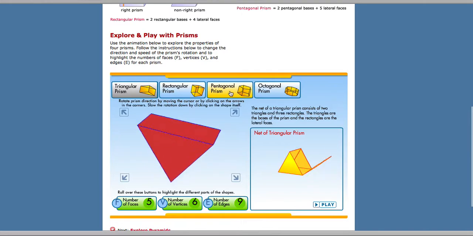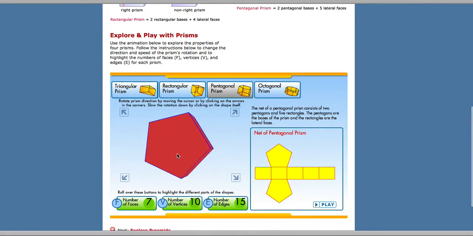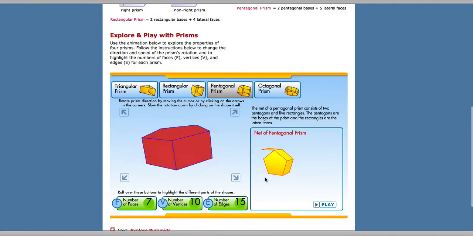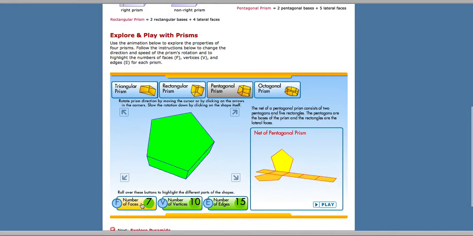And let's take a look at another one, a pentagonal prism. Why is it called a pentagonal prism? Because the base is shaped like a pentagon. And as you go through the pentagonal prism right there, you'll notice it will have 7 faces, 10 vertices, and 15 edges. And this is the net of a pentagonal prism right here.